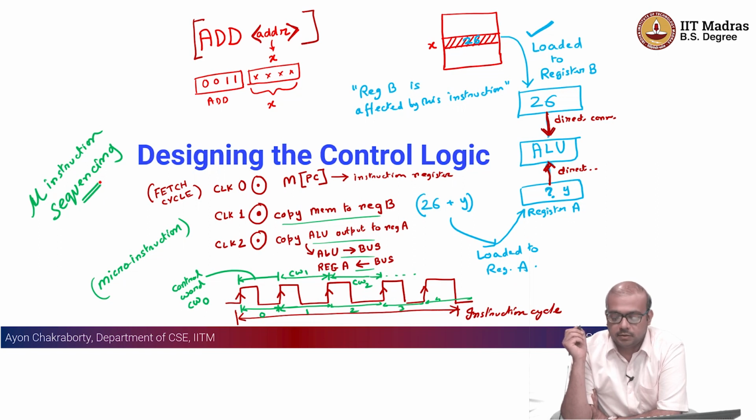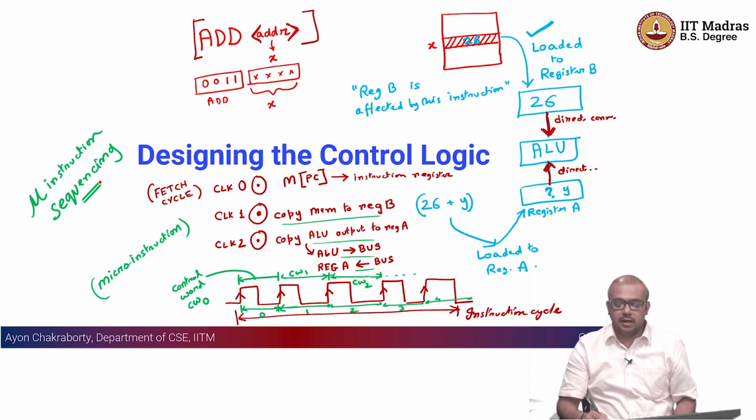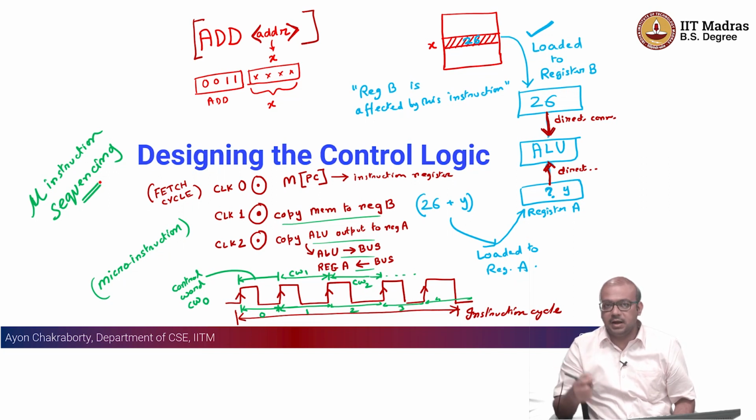Okay. So, now I think we understood that we are going to create a series of these micro instructions in a certain sequence in order to achieve the functionality of a certain instruction. Okay. So, instead of add ADDR, you could have other things, let us say move A to B, right, that could be an instruction, and you basically need to know the micro instructions that are responsible for achieving that.